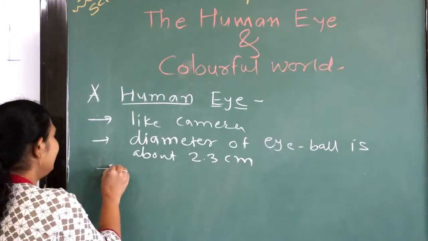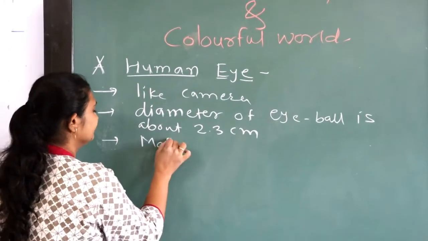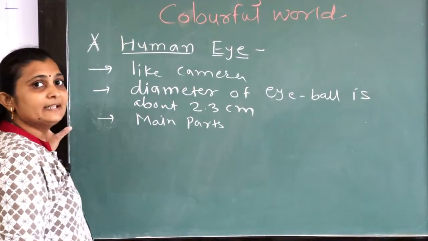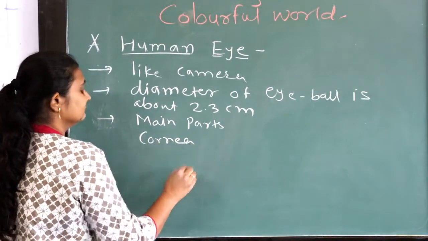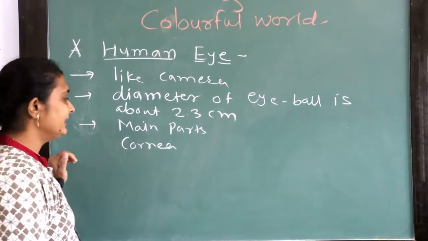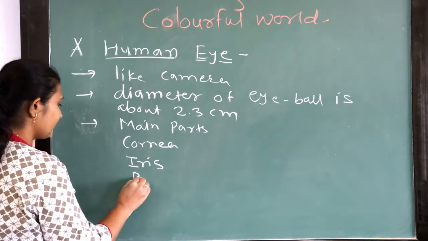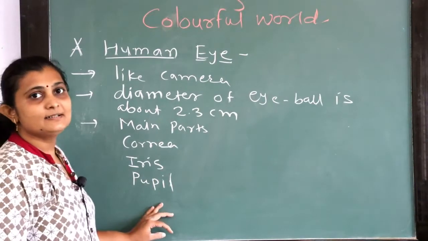Which are the main parts of the eye? The eye is made up of: first part is cornea. After the cornea, that is the iris. Next part is pupil.